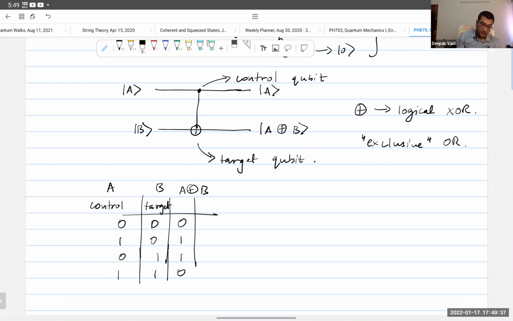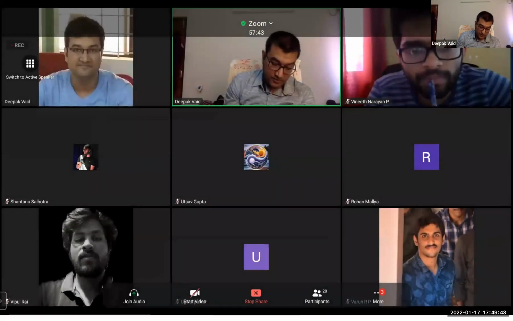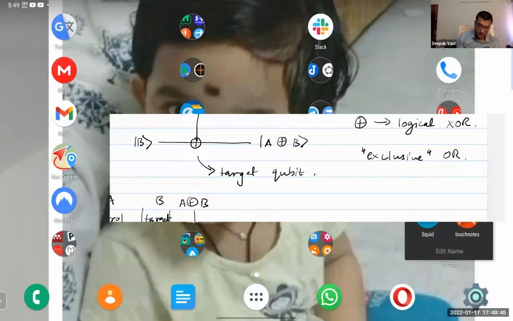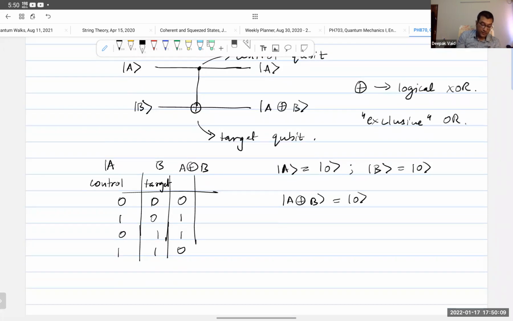Now, let's say that A is in the 0 state, and B is also in the 0 state. Then what is the result of this A XOR B? It's the 0 state. So you can think of this as the A gate, B gate, and A XOR B.